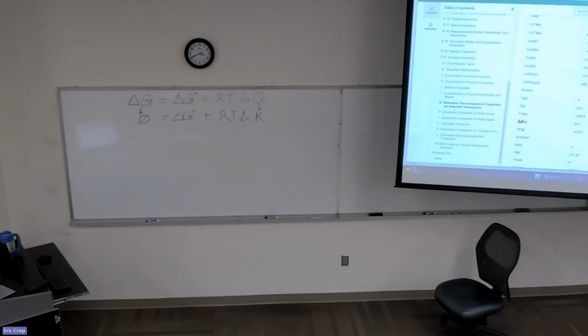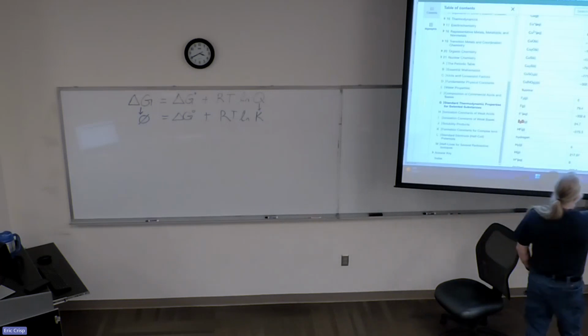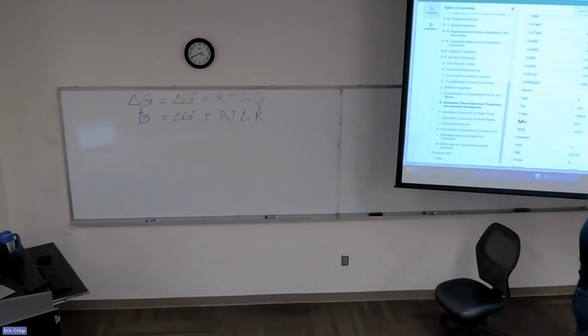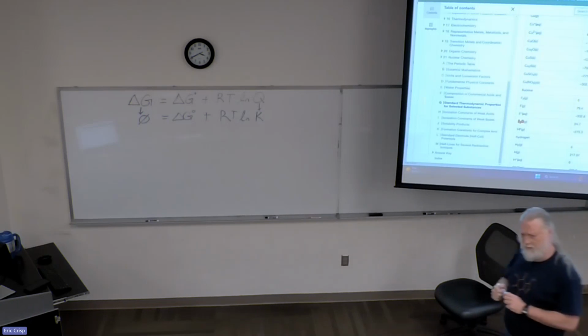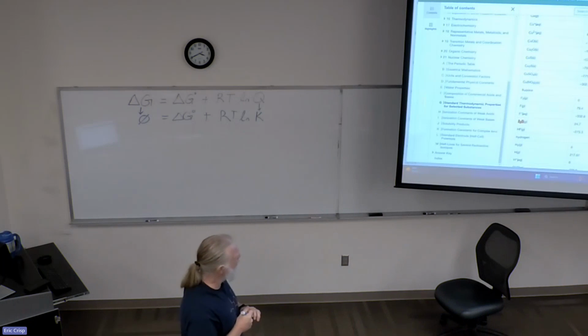So my delta G naught here is 2 times this, because my reaction had 2 in it, right? The coefficient here was 2. So 2 times this minus 2 times 0 minus 0. So just 2 times this. Okay? Does that make sense? So positive 83.9, check me on that. 83.8 kilojoules per mole.